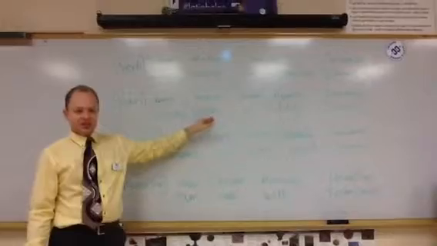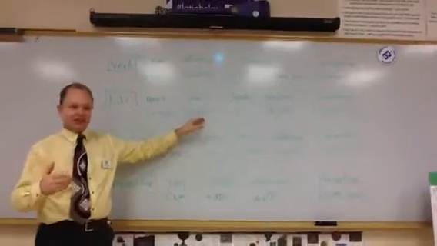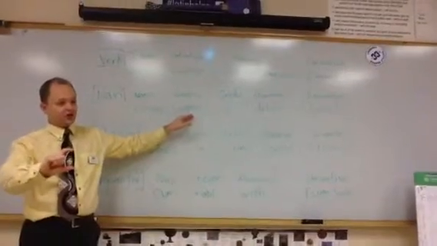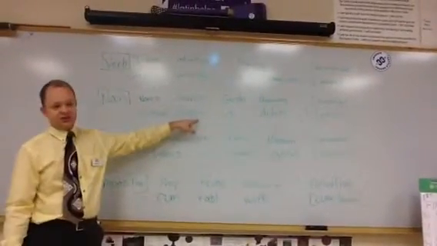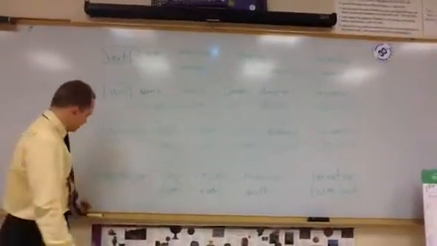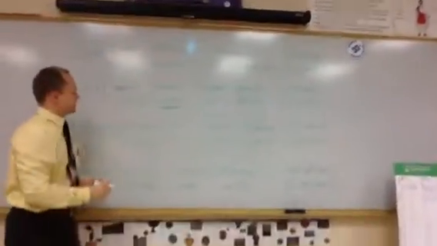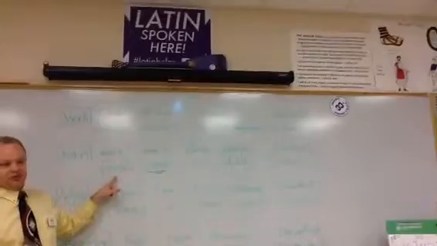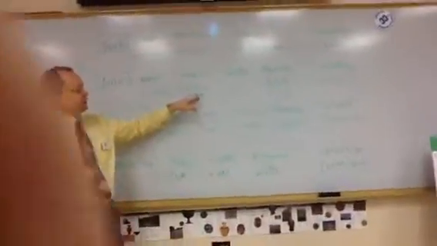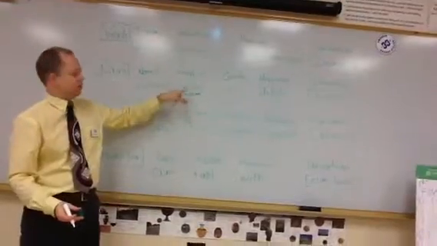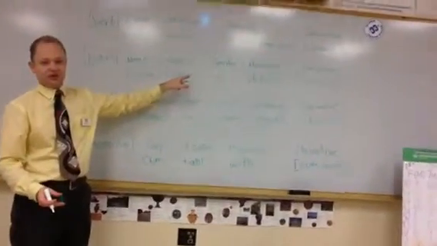And then every single noun, the next thing in the entry in your book or in a dictionary or when you write it on the quiz or test, is going to be the genitive singular. Now you could also abbreviate that, and a lot of times it will be abbreviated. So, if I give you fossa on a test, then you have to give me in the next blank either the ae, which is the ending for genitive, or just write out the genitive, fossae.